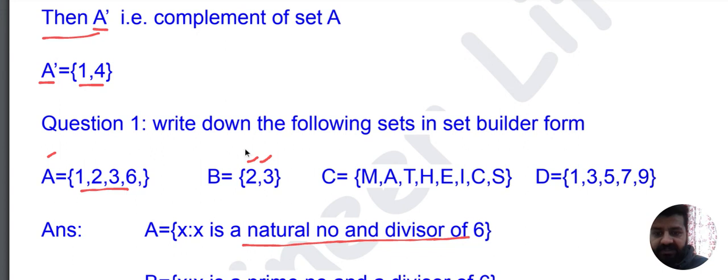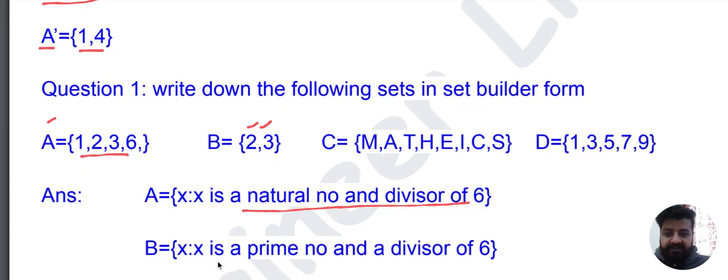But what is the difference between this set and the previous set? As you can see, 2 and 3 are prime numbers. So we will write that x is a prime number and a divisor of 6: the set of all x such that x is a prime number and a divisor of 6.